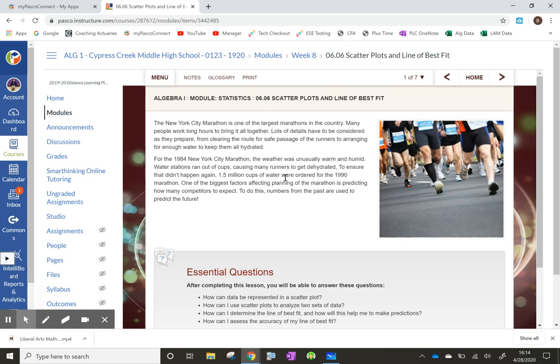I guess the story it's telling us at the beginning here is talking about the New York City Marathon. And the marathon operators, or the people in charge of the marathon, want some kind of model that will predict how many runners there will be in future marathons. And so they need to figure out, using previous marathons' data, like how many people attended last year, how many people attended the year before that, and so on.